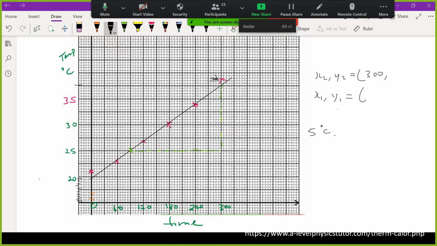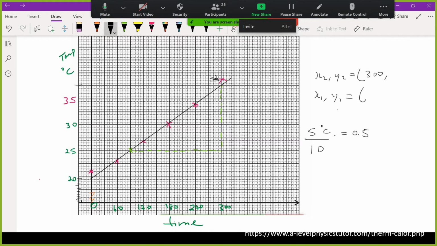So for me to find out how much one box represents, I'm going to take my 5 degrees Celsius and divide it by 10. When I divide it by 10, I get 0.5. Let me just verify again. So 0.5. That is what one of the small boxes represents.